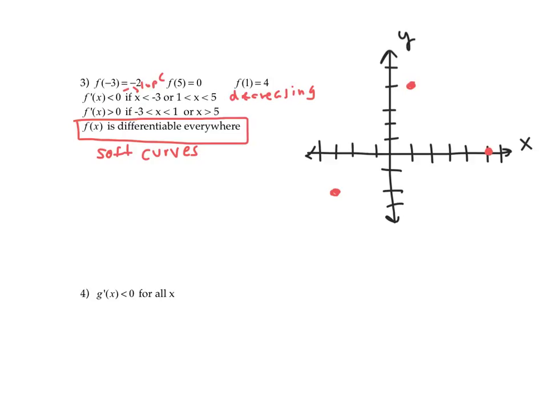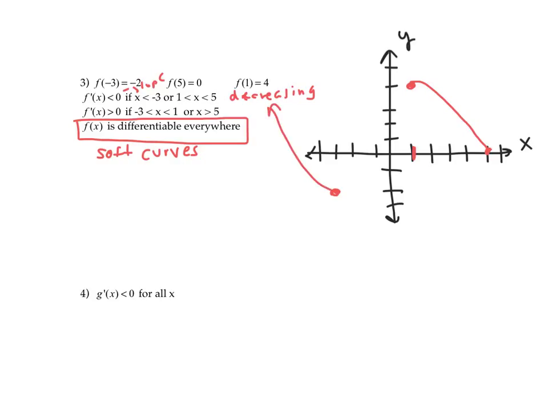So between x equals 1 and x equals 5, it has to be decreasing. I'm going to go back just a little bit, because we're going to have a curve at that point. And also, when x is less than negative 3, it's decreasing. So it could be coming in this way.